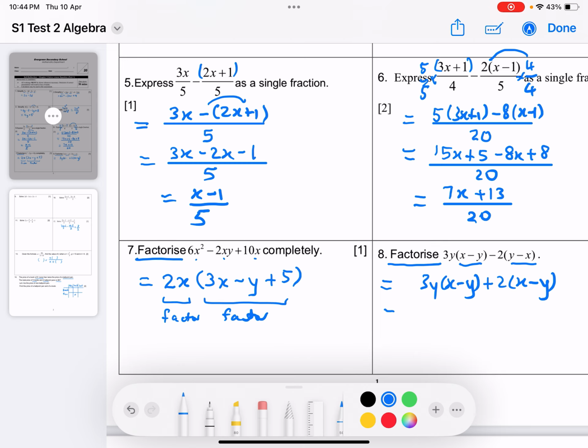Now x minus y is common, so we can bring it out. The remaining terms are put in brackets.